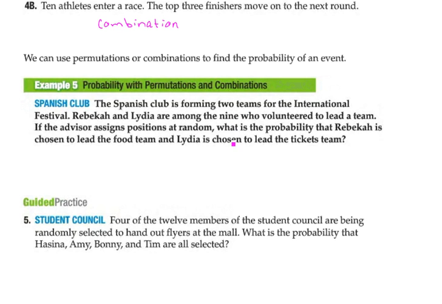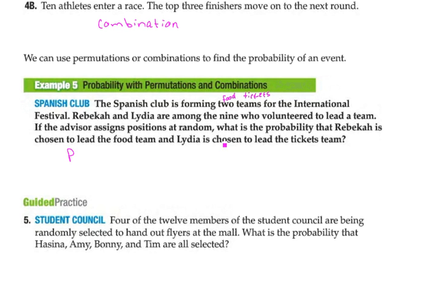But this is a permutation because we are ordering them. These 2 teams are food and tickets. Since arrangement does matter, one person could be food, one person could be tickets, and vice versa, this is a permutation.